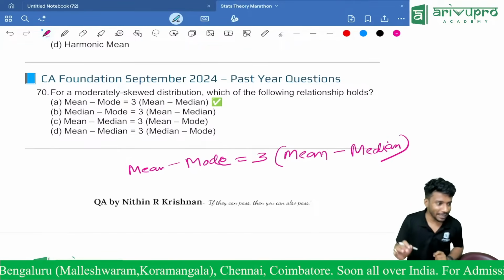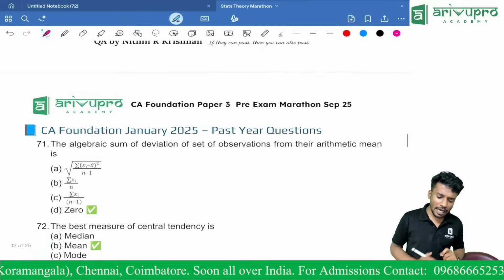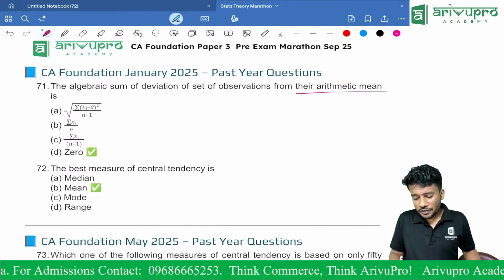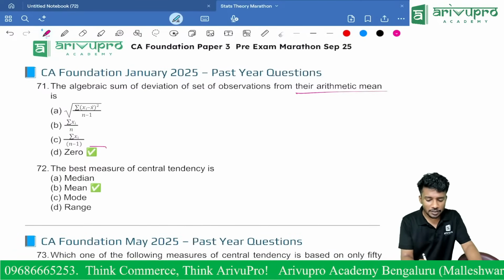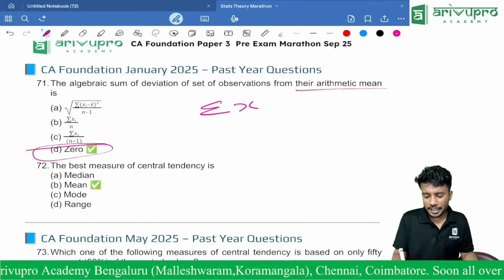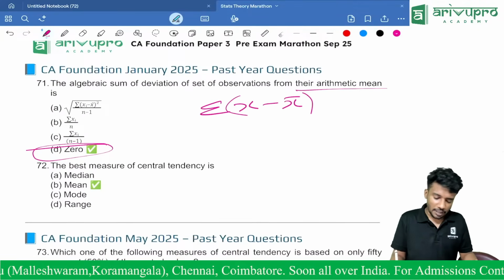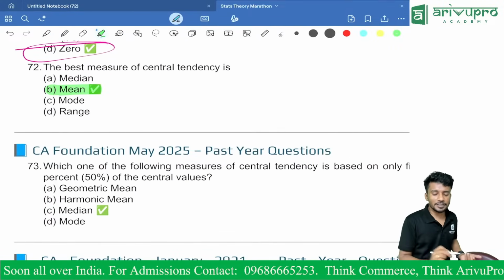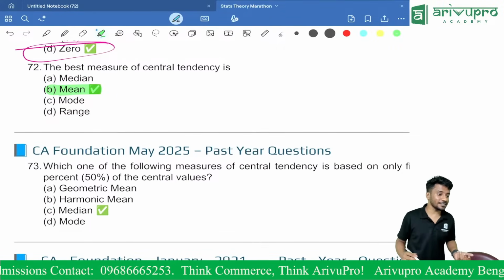Now, the algebraic sum of deviations of a set of observations from their arithmetic mean is 0. Sigma x minus x bar is equal to 0. Then the best measure of central tendency: the mean is considered the best.